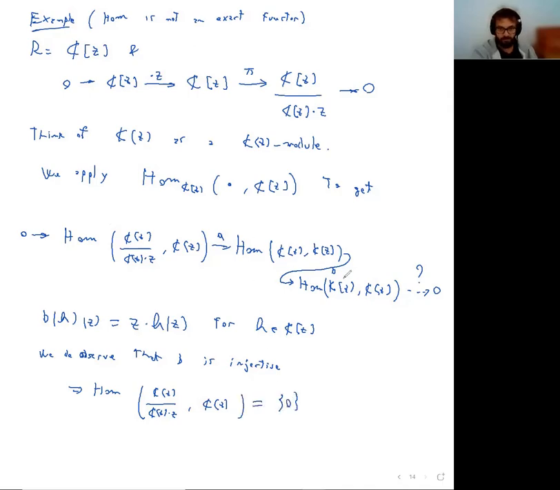Because if this map is injective, the kernel is equal to 0, so the image was equal to 0. But this map was injective, so this must be 0 as well.